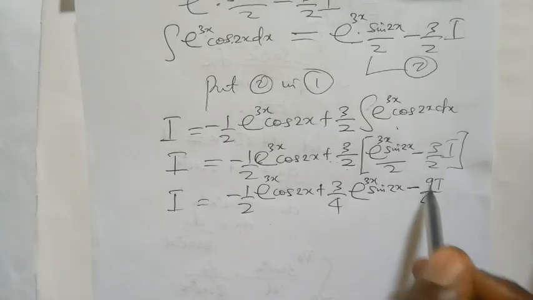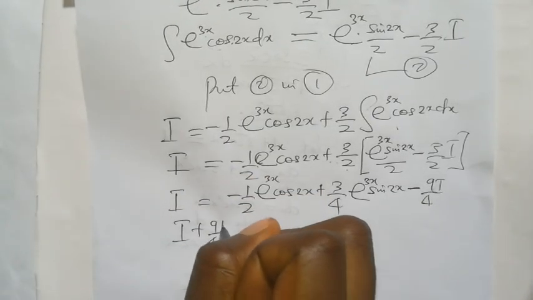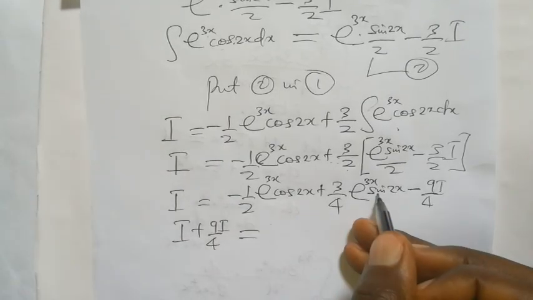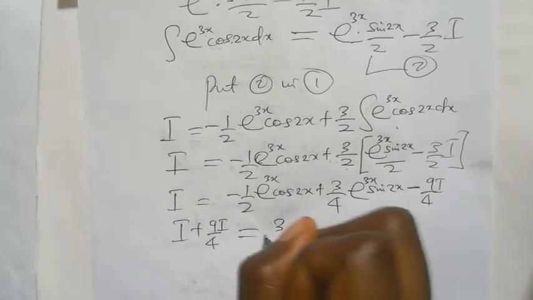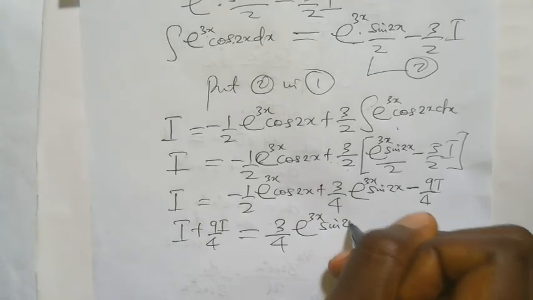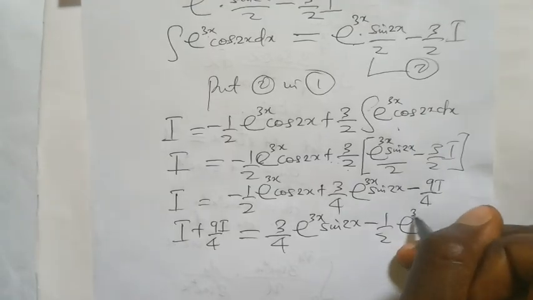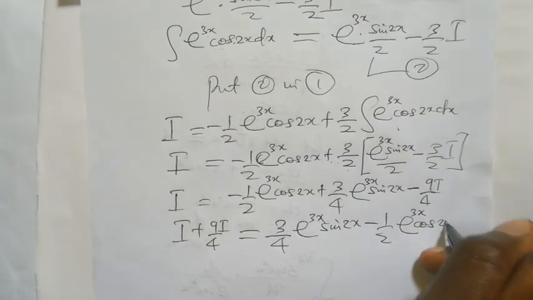So this is negative. Once it crosses here, it becomes plus 9 all over 4 I. So I can start by writing this. This is positive 3 over 4 e to the power of 3x sine 2x minus 1 over 2 e to the power of 3x cos 2x.